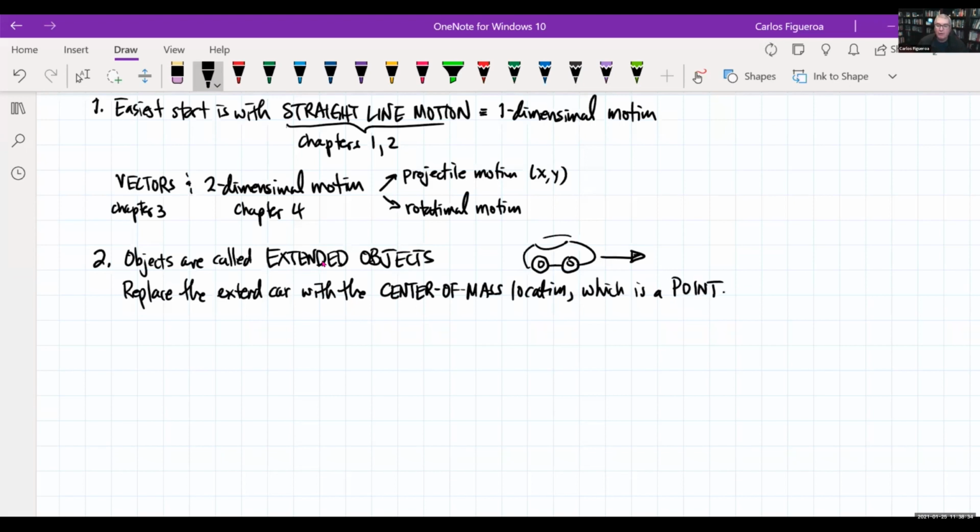So I'm literally going to replace the car with the dot that's then moving to the right like this. So I don't have to worry about those details.